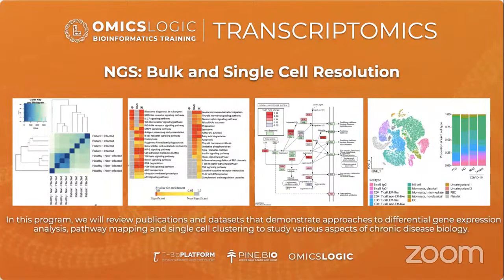So in this program, we will discuss, we will review, and we will demonstrate using data sets that are associated with popular publications and public repositories to demonstrate different approaches that can be employed for using transcriptomics data analysis to understand various aspects of chronic disease biology. So how are we going to do that?